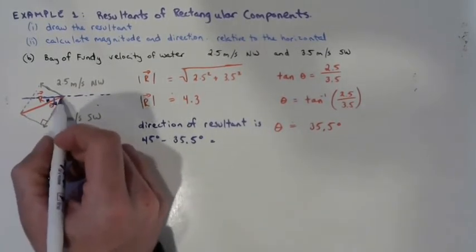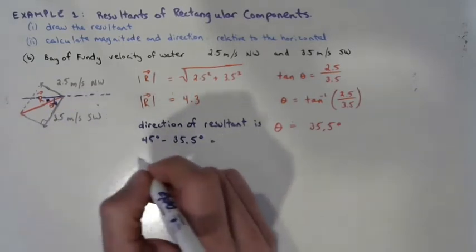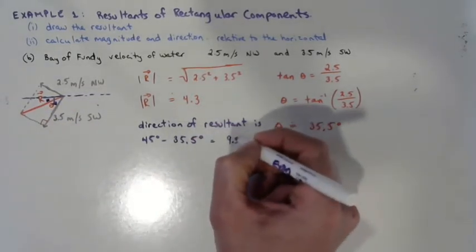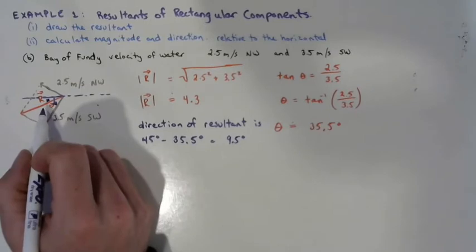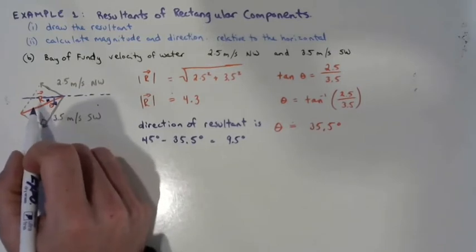That's going to be the little sliver that's left over up here. That is 9.5 degrees. Now, relative to the horizontal, again, is not super helpful. So we're going to express this as a coordinate, as a quadrant bearing.